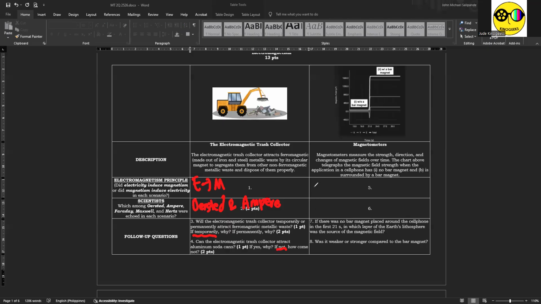For the magnetometers, magnetism induces electricity. Because for the field strength to be recognized or tabulated in your cell phones, the magnetic field has to be present first. So magnetism induces electricity. Okay? For scientists, this one is Faraday.